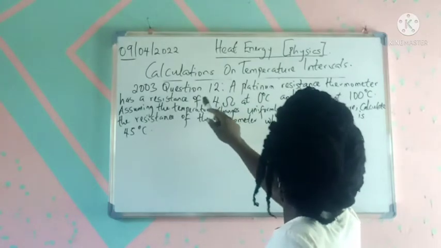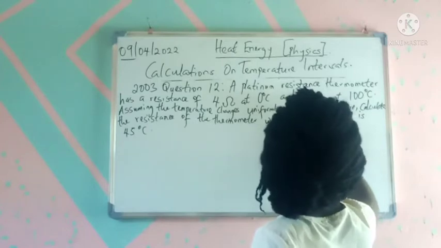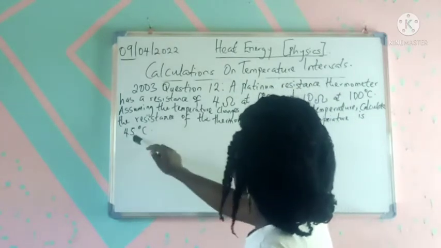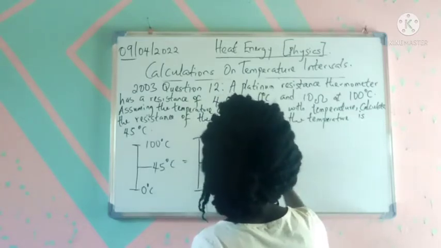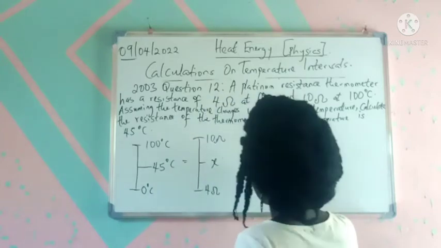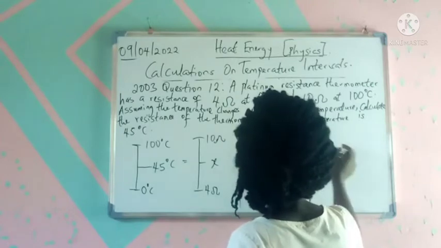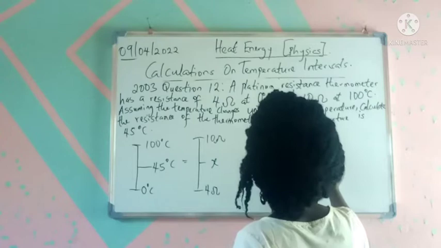It should not be less than 4 and it should not be greater than 10, because the temperature increased from 0 to 45. 100 minus 0 over 45 minus 0 should be equal to upper limit 10 minus 4 over mid-range x minus 4.